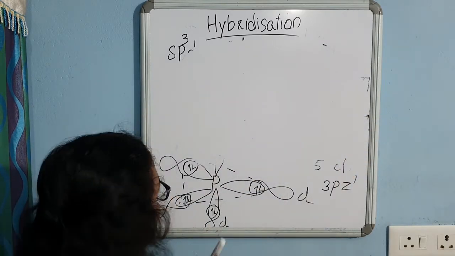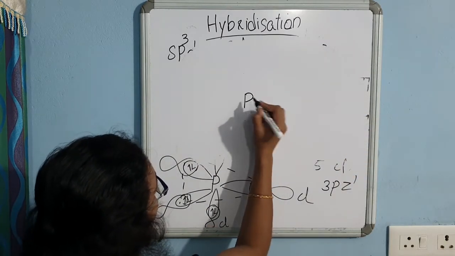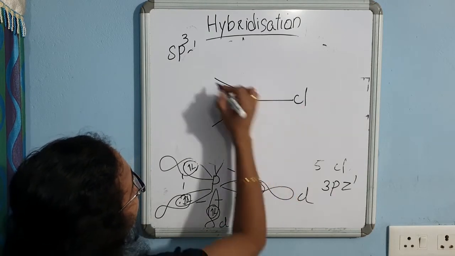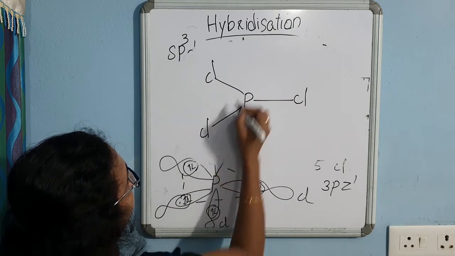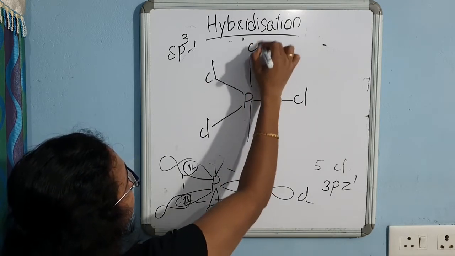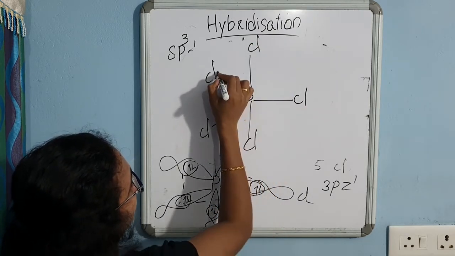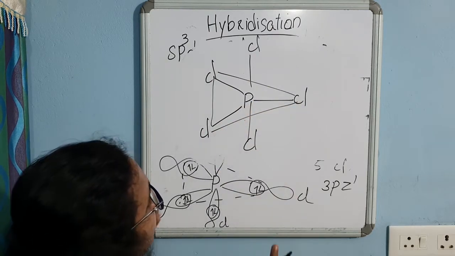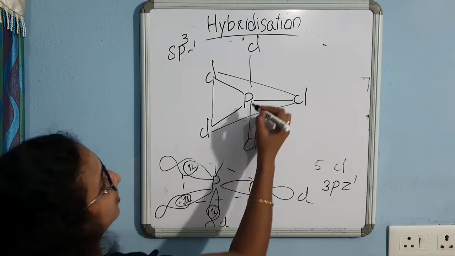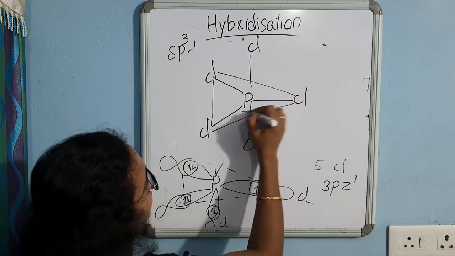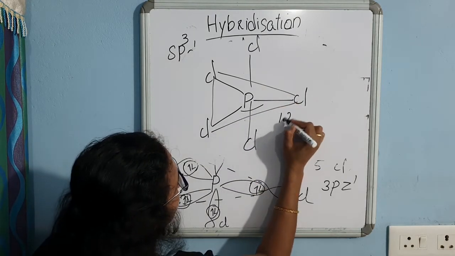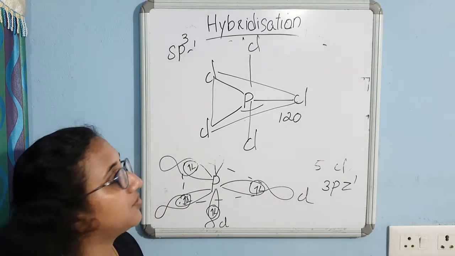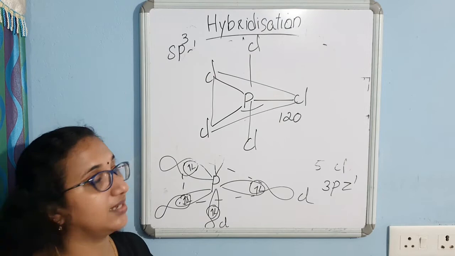So we can show the geometry as a trigonal bipyramidal molecule. It has two bond angles. The equatorial bond angles are 120 degree and the axial bond angle is 90 degree. So this is sp3d hybridization.